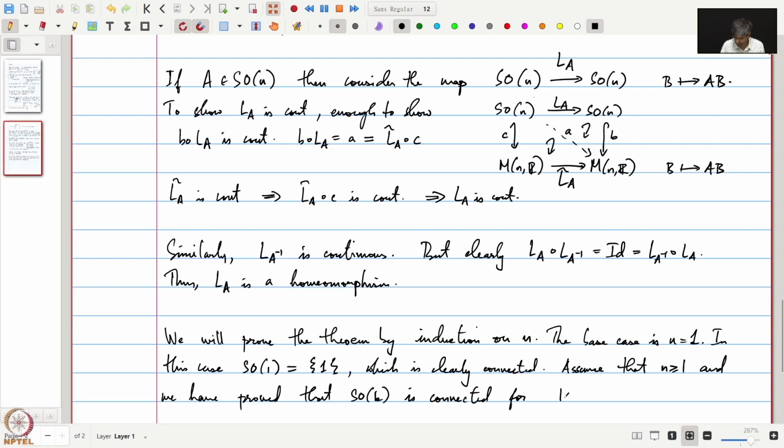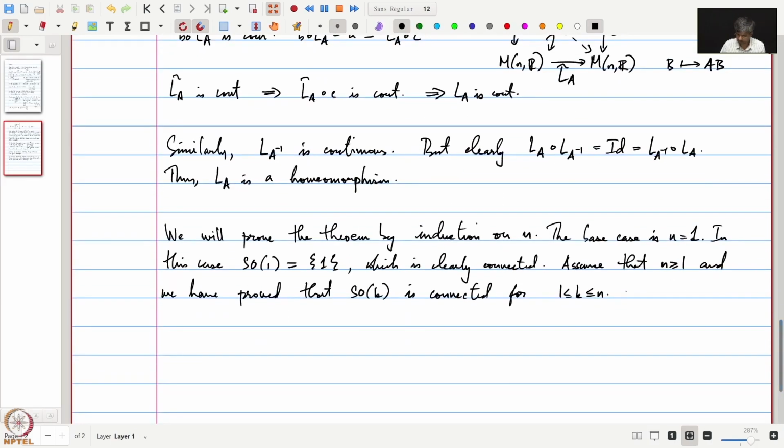Okay, so now we will show that SO(n+1) is connected.